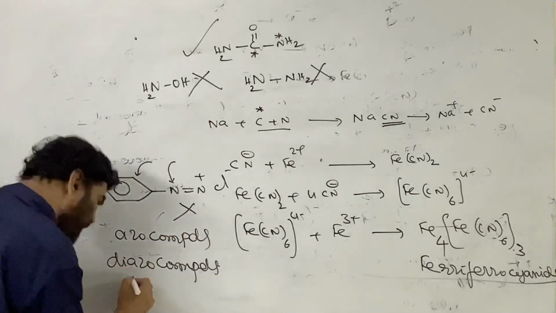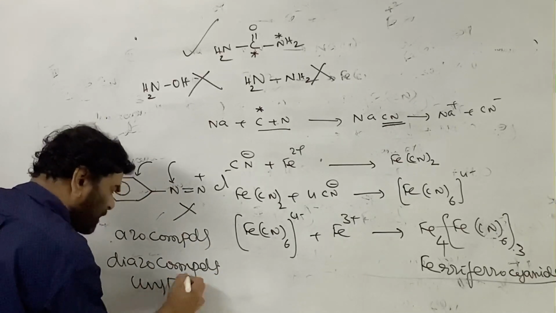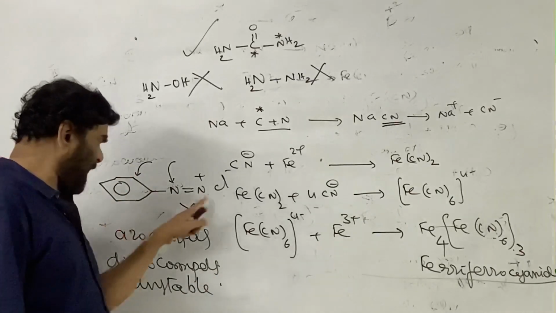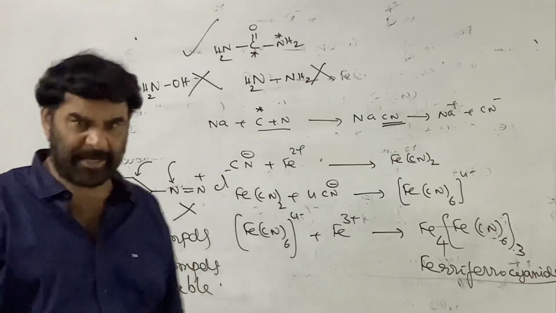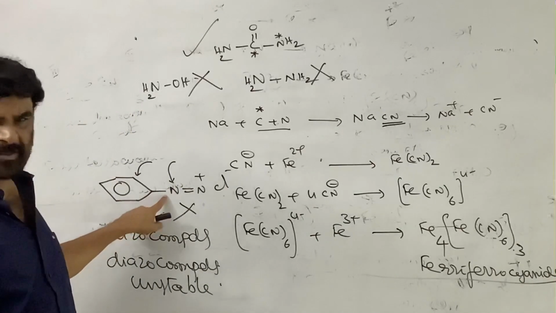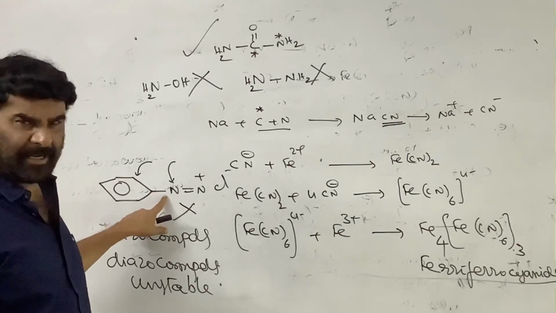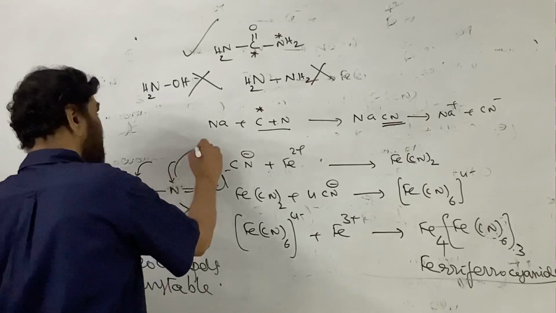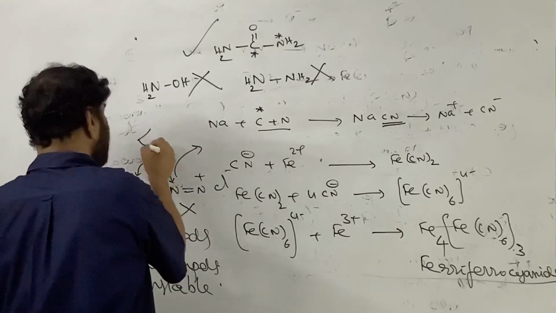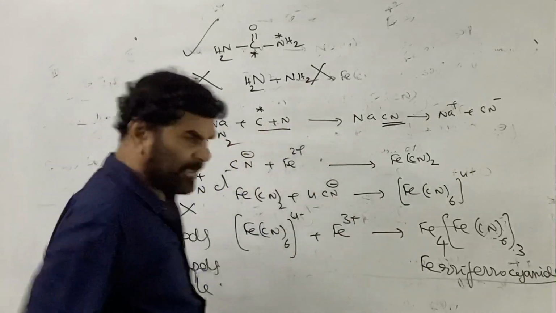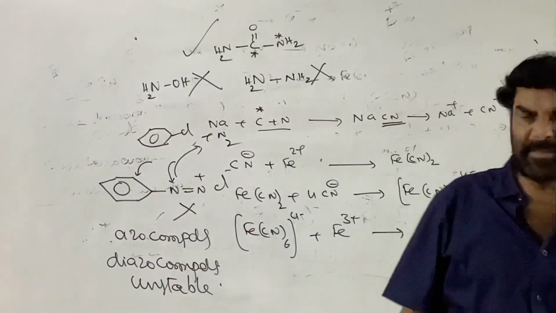These are very unstable. To carry out the test, the given organic compound has to be strongly heated with metallic sodium. Being a very unstable compound, if it is heated, before reacting with the metallic sodium it undergoes decomposition. Chlorobenzene is formed here and nitrogen is liberated. It escapes from the system.